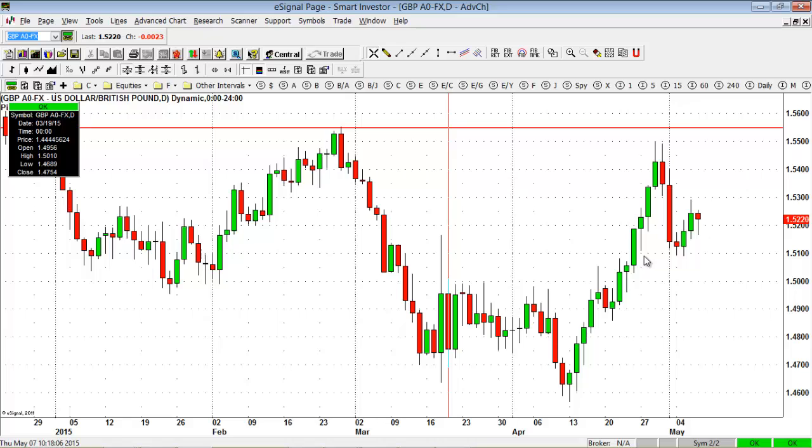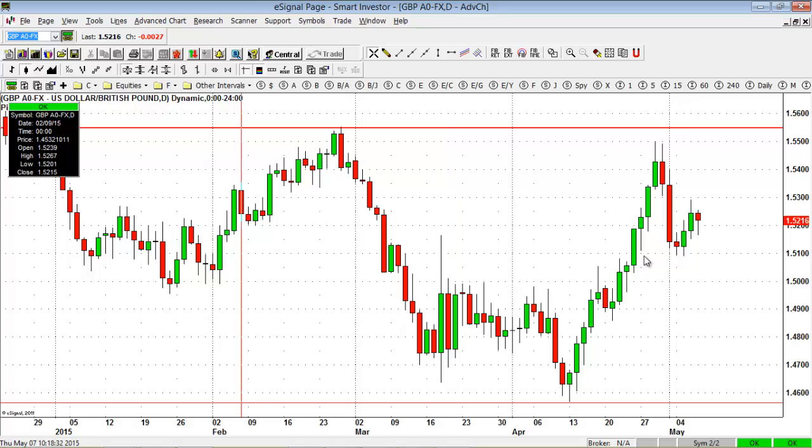Throughout the non-farm payroll report, we still follow the system, because I know over the long term that the system is a profitable system. Yes, you may have up months and down months, but over the long term, the system makes money over the long term. So I'm not taking off positions just because a fundamental announcement is coming out.